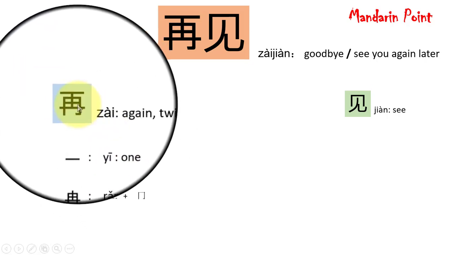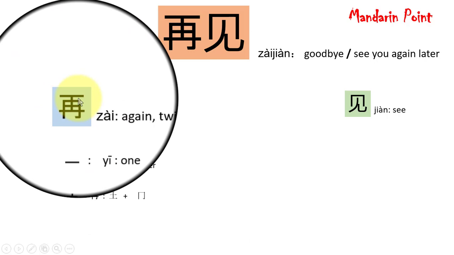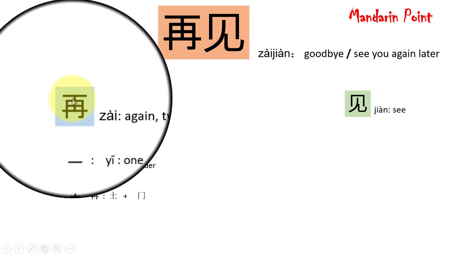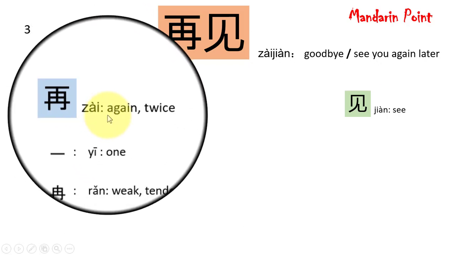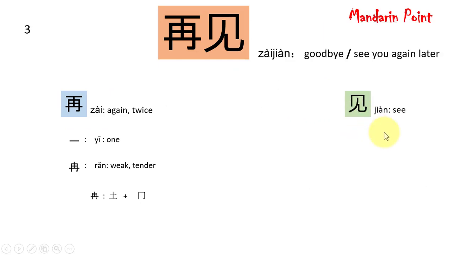So this zai is composed of this yi, which means one at the top, and the bottom one is actually ren, which means weak or tender. This jian is composed of this jiong, which means wide, the same one, and the bottom one is er, which means child. So zaijian means goodbye.